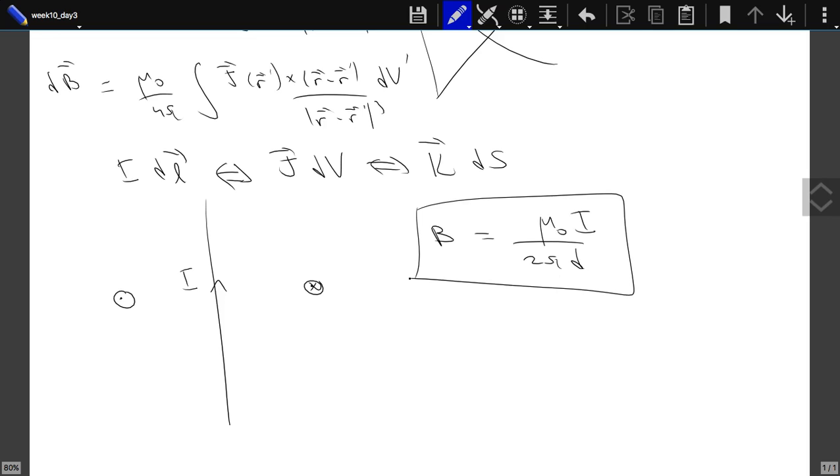Now, any questions up to this point? Anything you want repeated? Yes? Now, J, you see the notation, J is the volume current density. Which means, as you point out, it is the amount of charge passing through an area per unit time. Now, K is the surface current density.